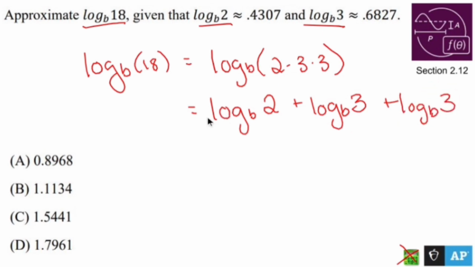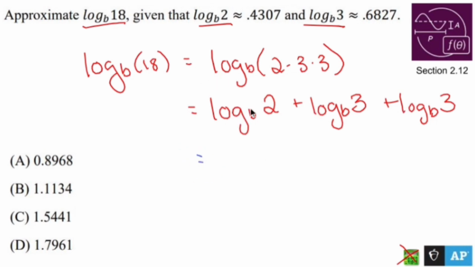Now, normally we're used to doing something that looks like this and getting to something that looks like this, but now we're working backwards. So is this kind of a weird problem? Would everybody know that I'm supposed to turn this into this? No, but that's why we do these problems.